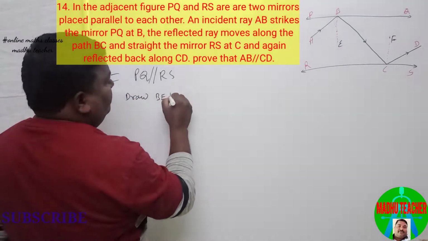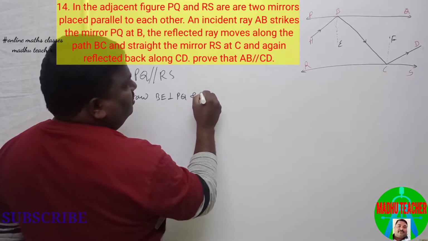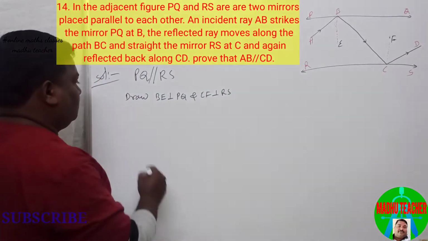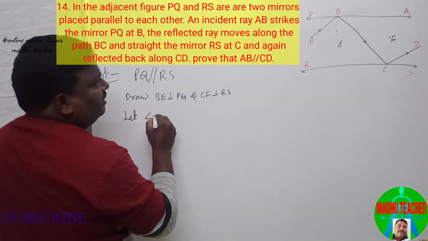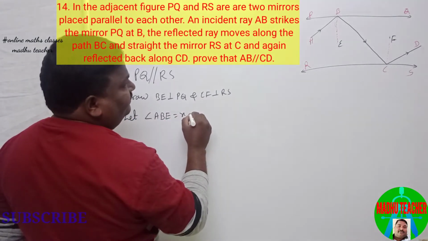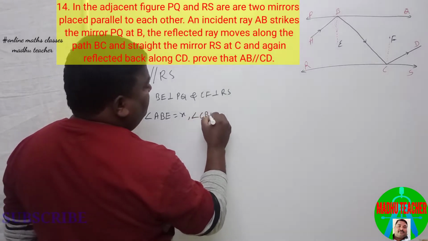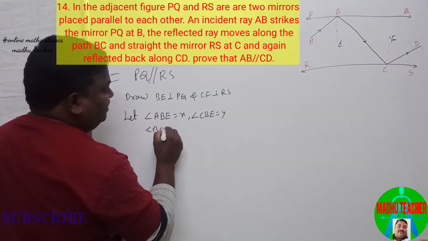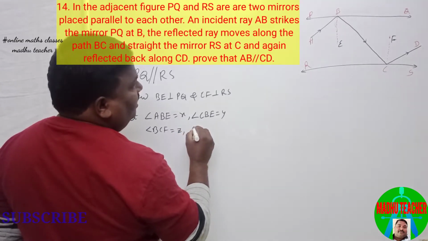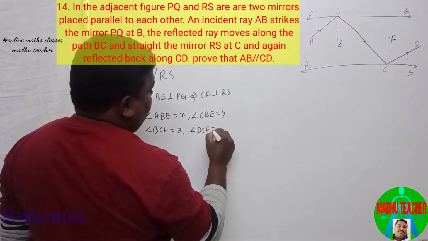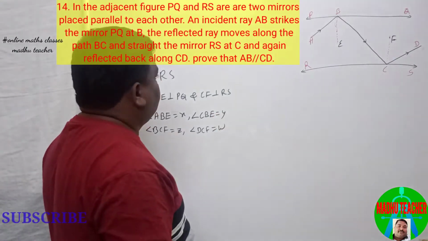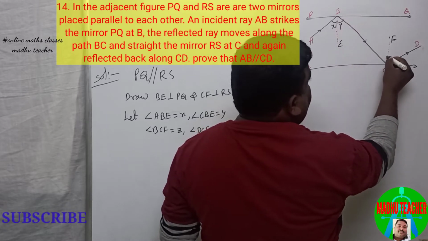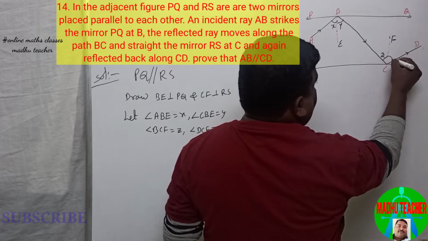Now let angle ABE equal X, angle CBE equal Y, angle BCF equal Z and angle DCF equal W. So I am taking these as X, Y, Z and W.